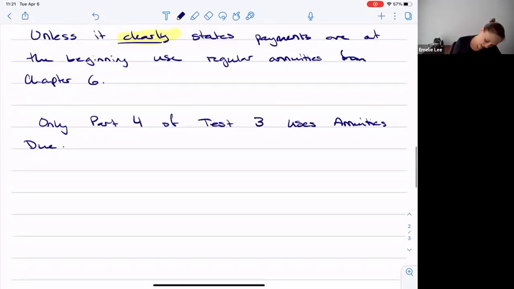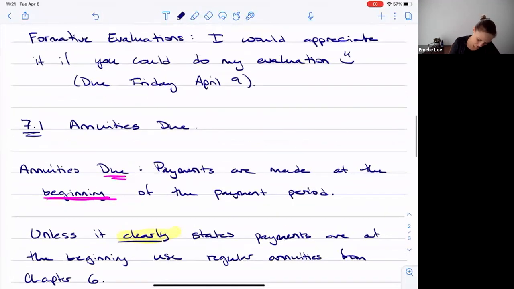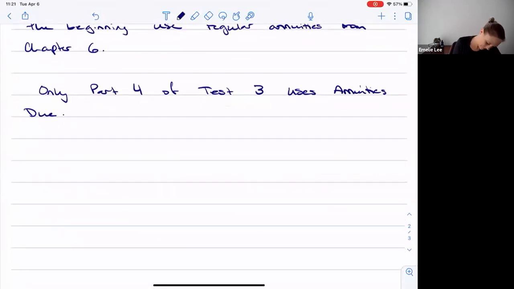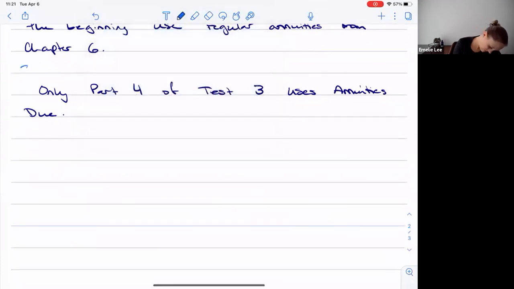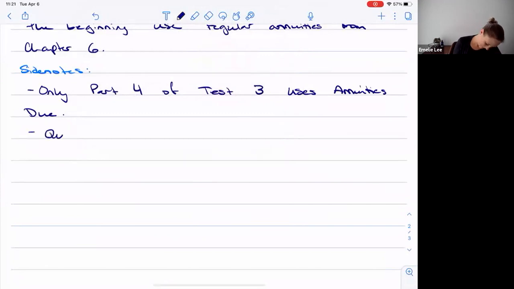I will say that these are kind of side notes. Where can I put these? Oh, well. Side notes. Quiz 5, 6, and 7 are all due on Friday.